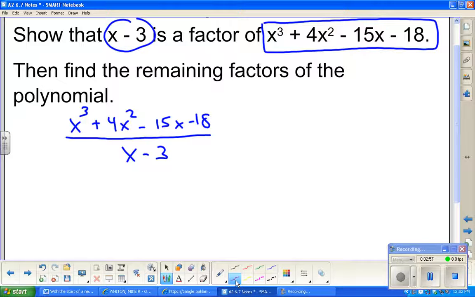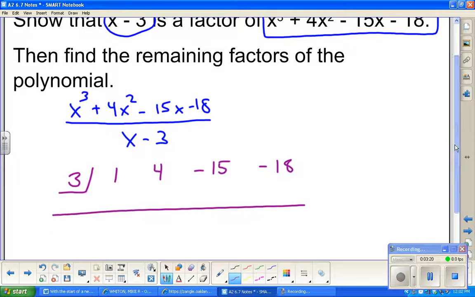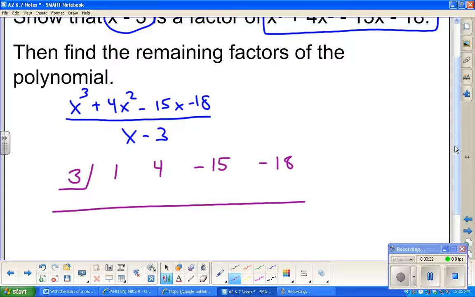Positive 3. Since we're dividing by x minus 3, we put a positive 3. And then we write the coefficients of the big one in order: 1 for x cubed, 4 for x squared, negative 15 for x to the first, and then negative 18. Then we have our process.